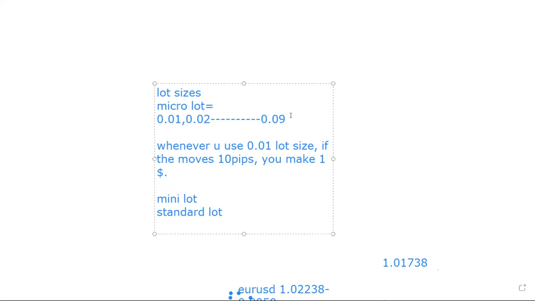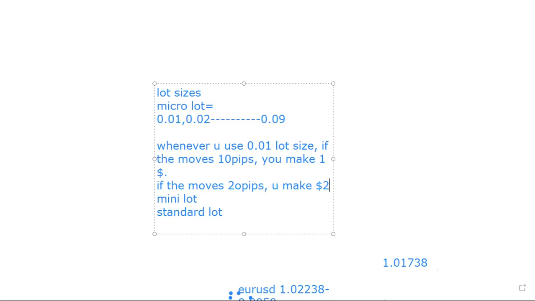Still on the same 0.01. If the market moves 20 pips, you make $2. Can you see? It's like double. So when you use the same 0.01 as your lot size, if you were going for 10 pips profit, what you will be seeing in your dollar equivalent is $1.